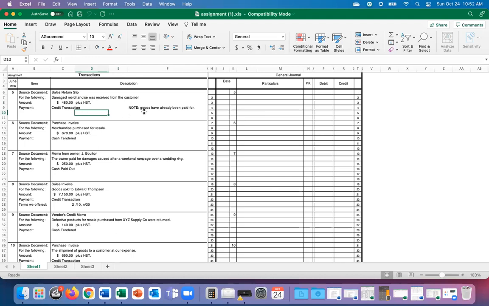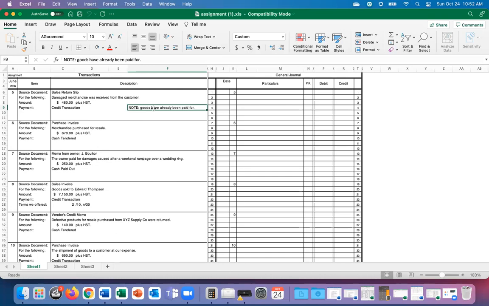But then over here, it says note, goods have already been paid for. Meaning, even though they used credit, or maybe it was an accounts receivable type scenario, now the transaction has gone through and we received cash for it, or we received money that went into our bank account.